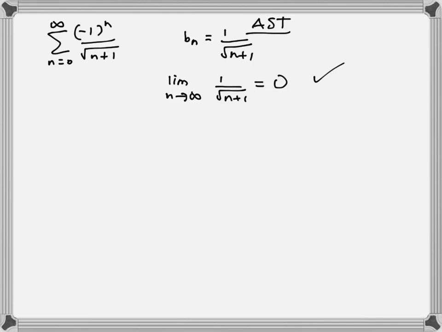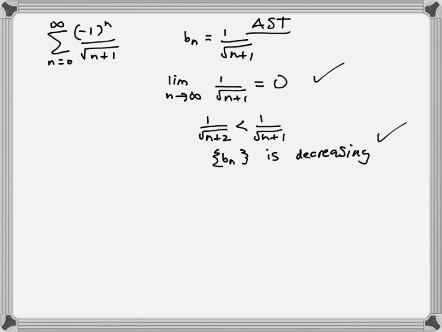And then notice that 1 over the square root of n plus 2 is less than 1 over the square root of n plus 1. In other words, Bn is decreasing. This one's easy. We didn't need derivatives to show that it was decreasing. So that's true. So by AST, this series that we just wrote down converges.